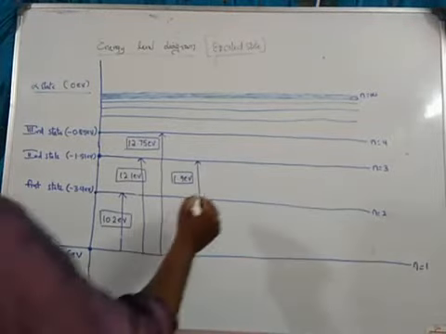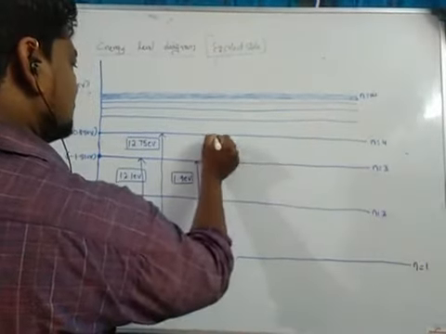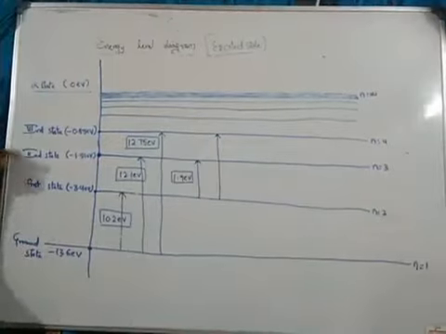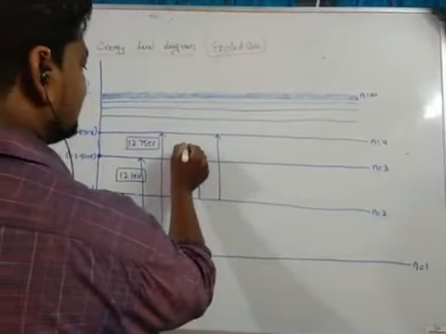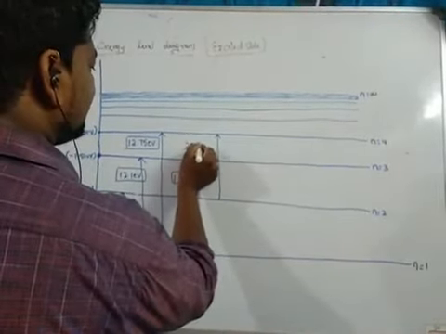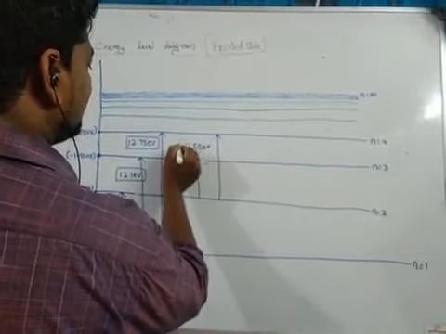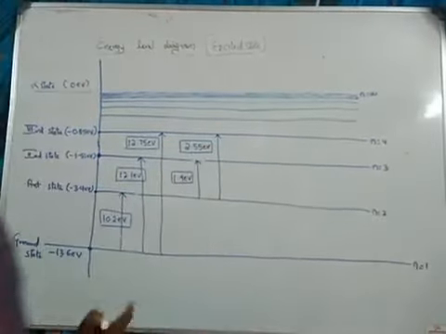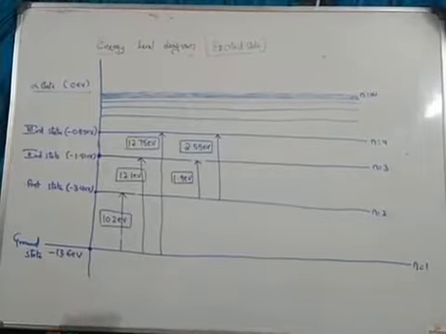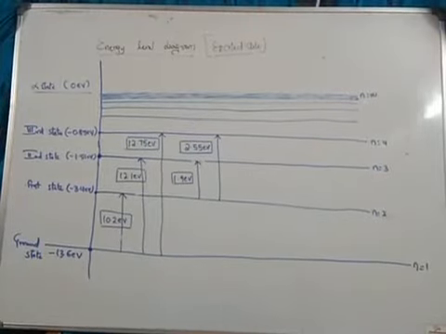From first state to third state, we have to give 2.55 electron volt of energy. Then it will jump from first state to third state.